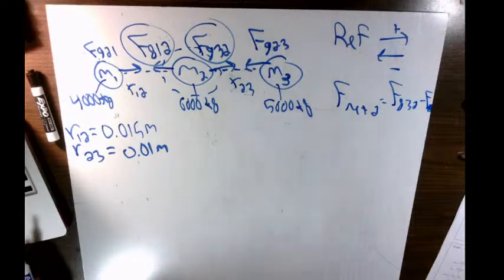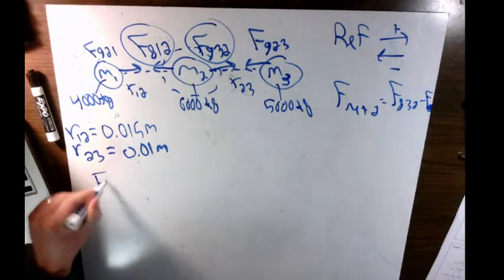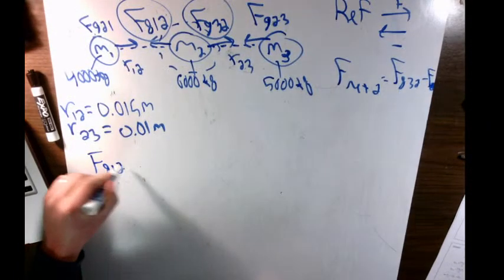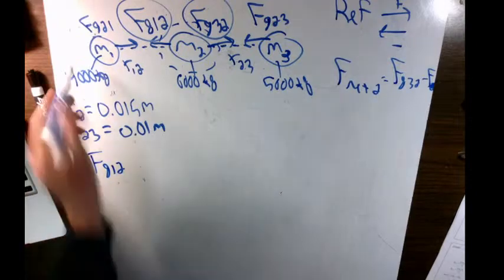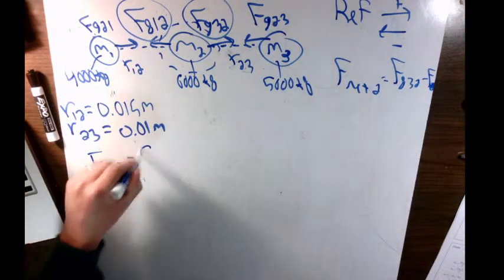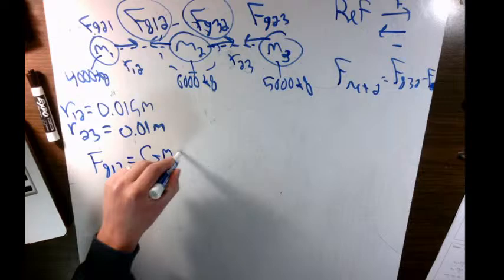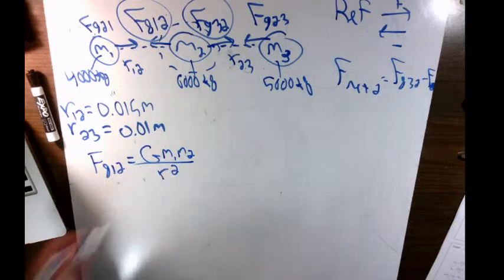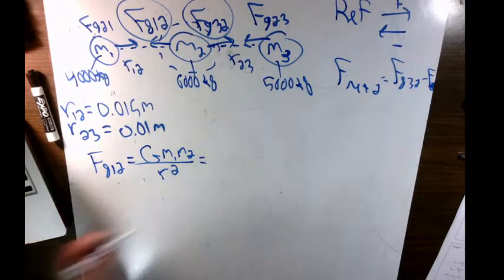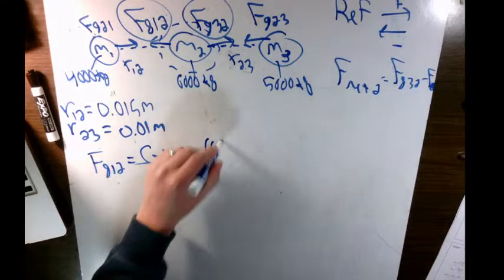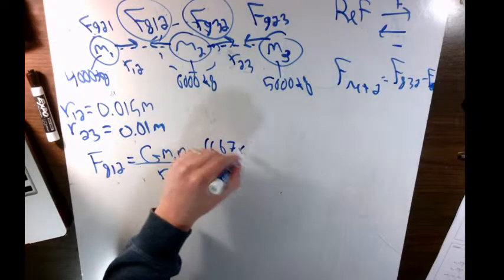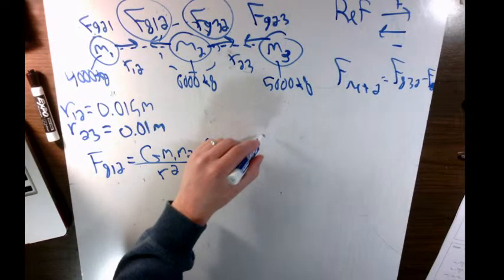Alright, so we need to calculate Fg12. So the force of gravity between masses 1 and 2, which will be the gravitational constant times m1 m2 over distance squared. So we'll just throw in all of our numbers. We got 6.67 times 10 to the negative 11.